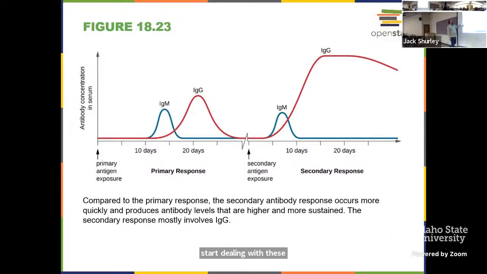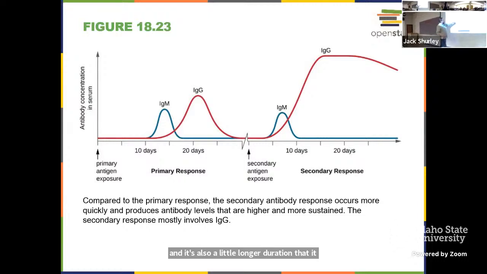All right. Shortly after our IgM, as it peaks and starts to wane, IgG is the next class of immunoglobulin that's being pumped out, and it is a little more pronounced. It happens a little bit later, a little more pronounced, and it's also a little longer duration that it persists in our circulation.